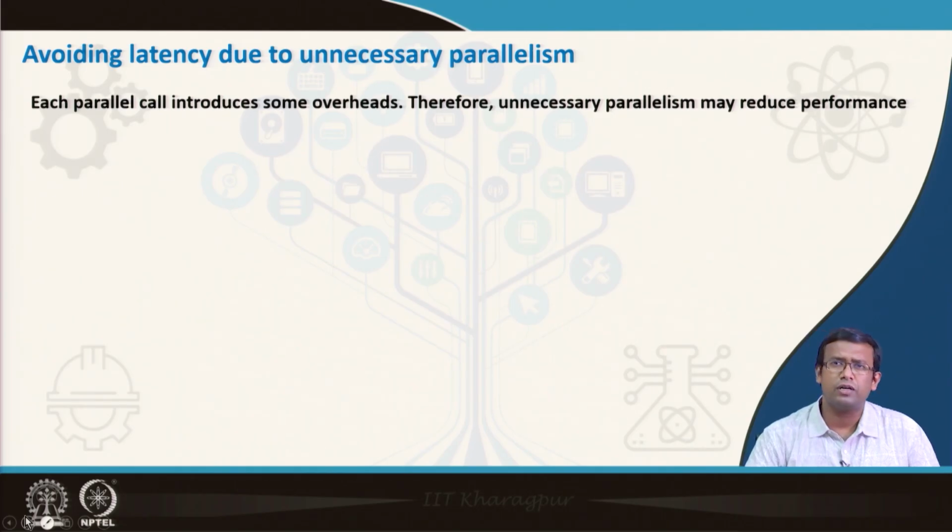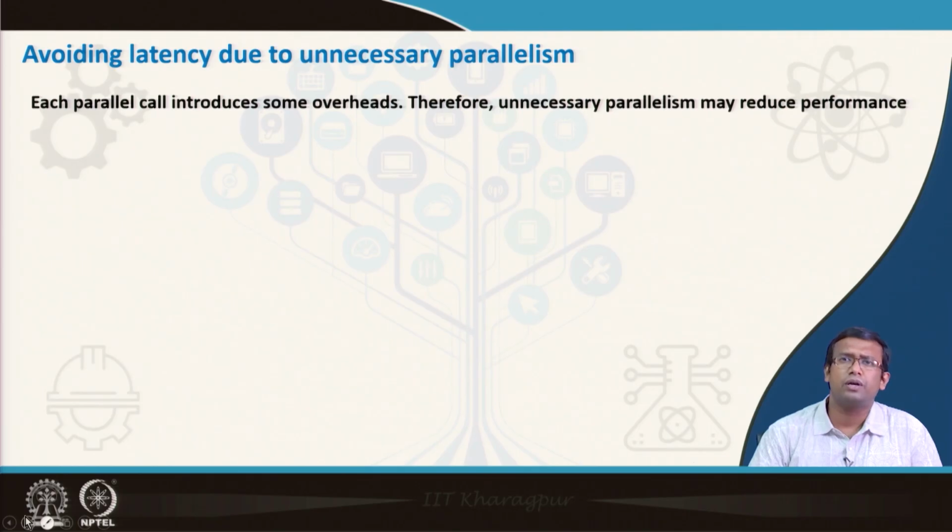For example, I have a program which is mostly serial, but there is some small parallel component, or I have a small program whose computational cost is small. If we want to divide it across multiple processes, then the distribution and synchronization overhead will be so high that the benefit will not be much.